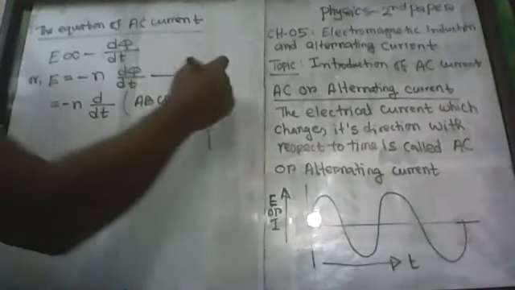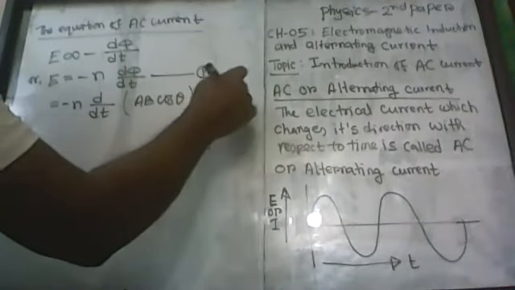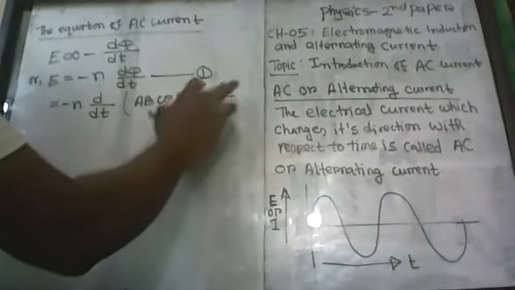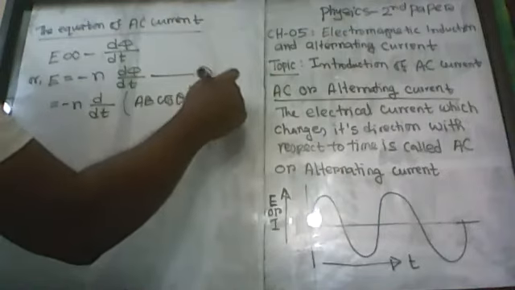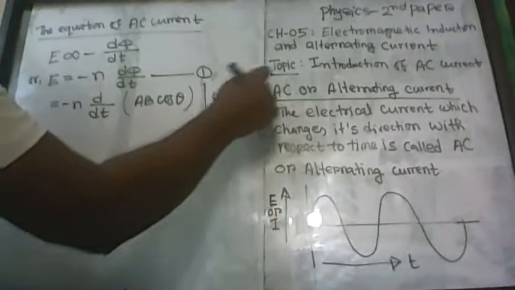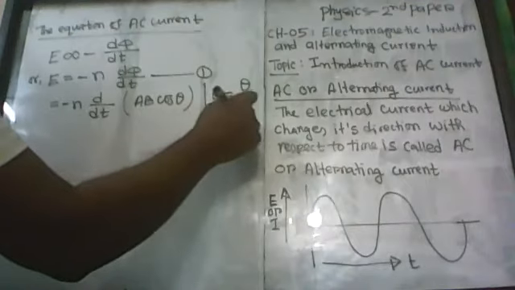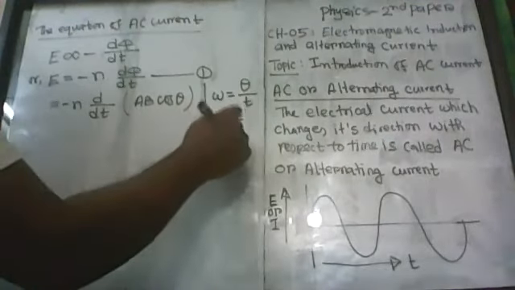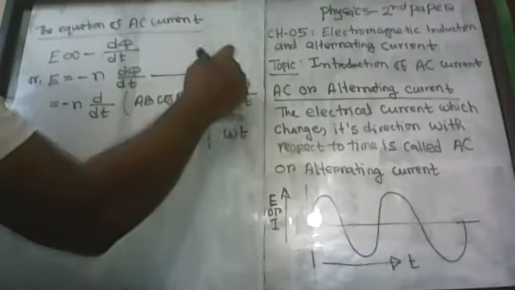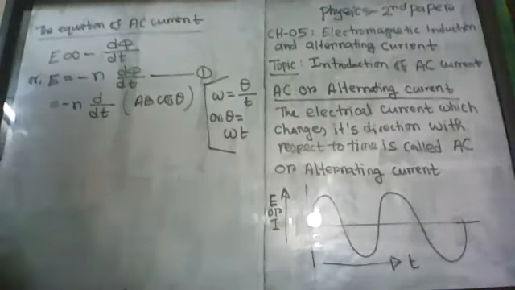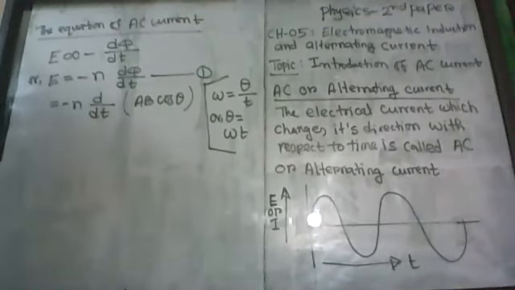Theta is nothing but angular displacement, and angular velocity is angular displacement by time. So if you want to find out the value of angular displacement theta, it will equal angular velocity and time. This omega is known as angular velocity or angular frequency of AC current.